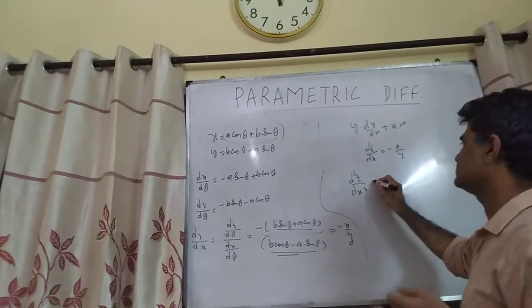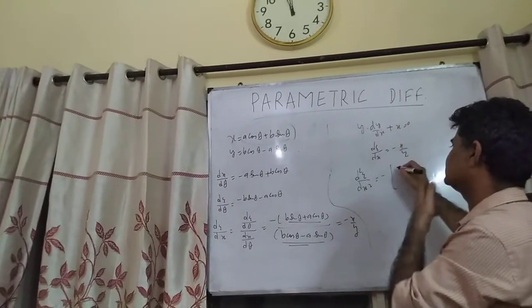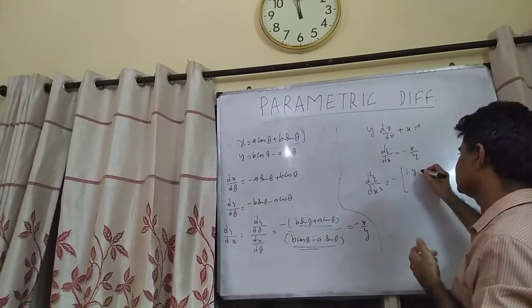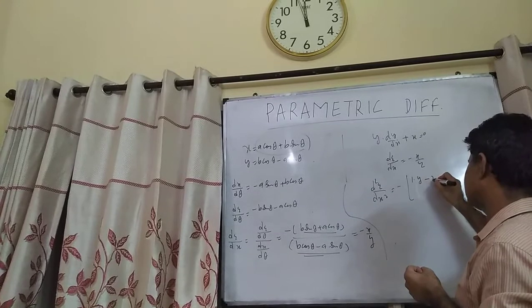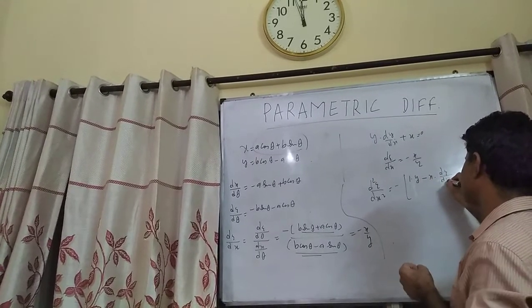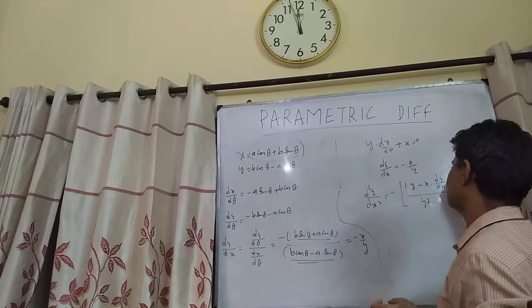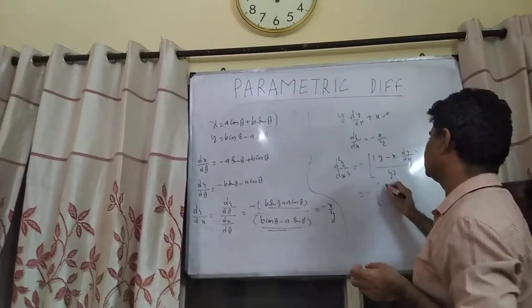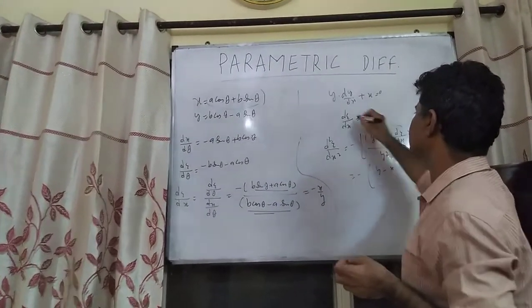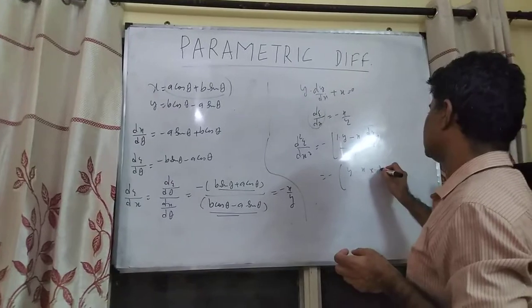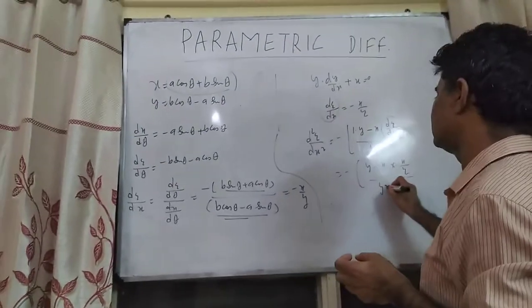So the double differentiation will be minus the differentiation of x, y will remain the same, minus x as it is, and this is dy by dx, divided by y square. So we can put the value of dy by dx from here, which is minus x upon y square.